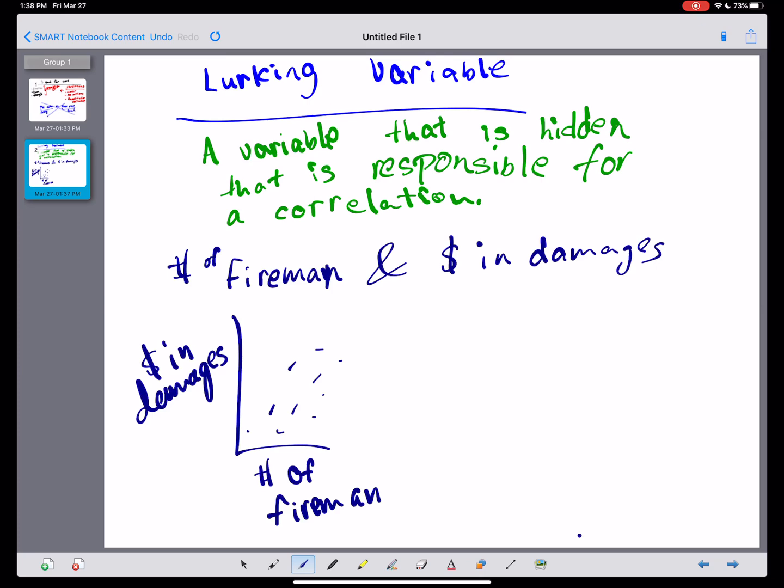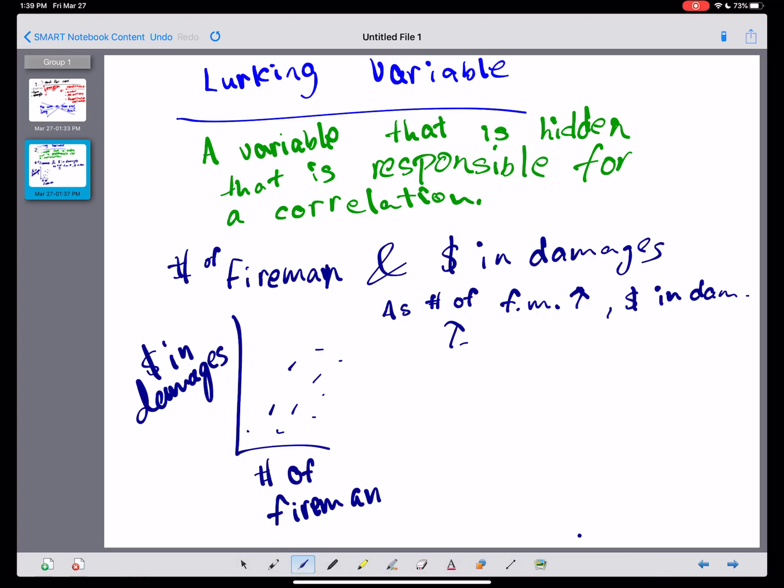And what that's saying is that as number of firemen, I'm going to write FM, increases, money in damages increases. Now, yes, that is technically true. But is that to say that you should not have more firemen at your house if your house is on fire? No, right? Sure, firemen do create damage to your house in that sense.